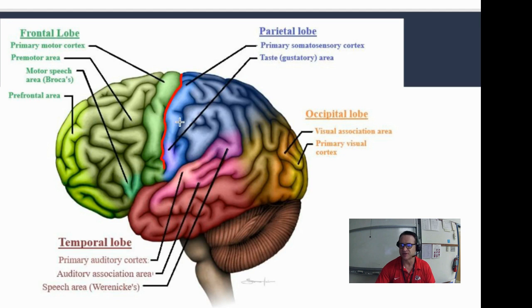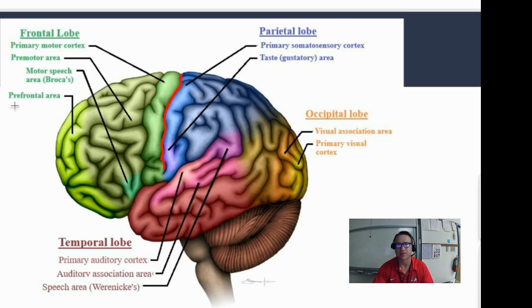Just posterior to the central sulcus, you have the postcentral gyrus. Remember, this is where the primary somatosensory cortex is located. That's where all the sensory information from throughout the body is going to wind up on this gyrus in your brain, to allow you to feel different types of stimulation at different locations of your body.